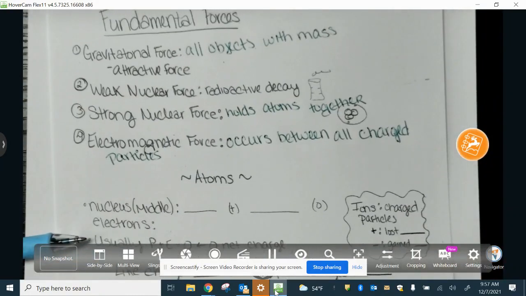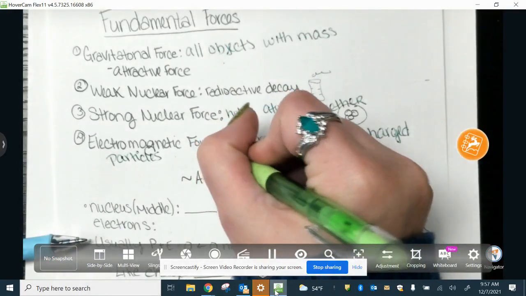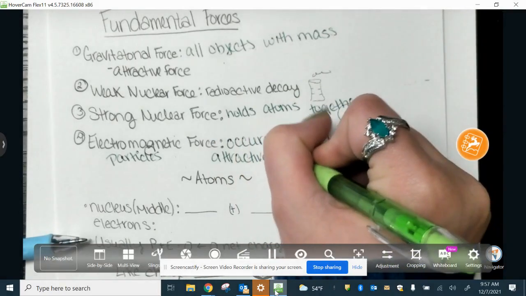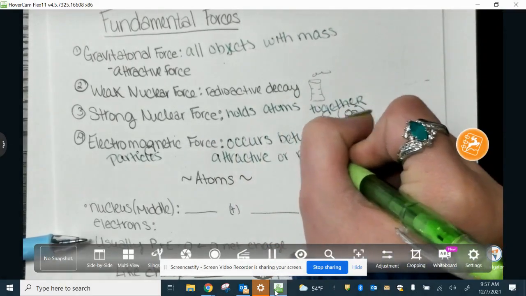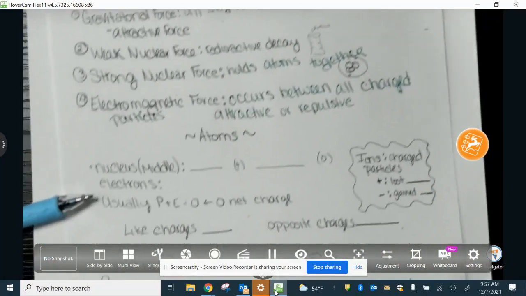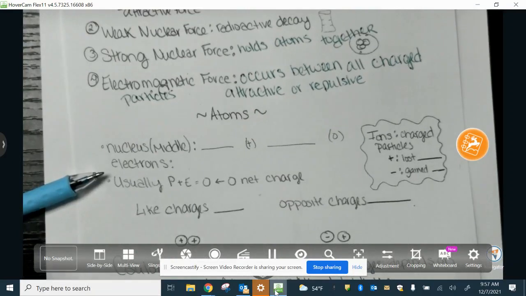It can be attractive or repulsive. So as a refresher over where this charge comes from, we got to go back into an atom. Remember, in the middle of the atom, you have a nucleus, which has protons and neutrons.